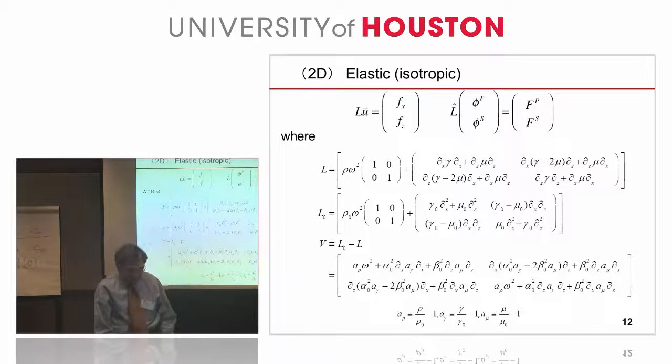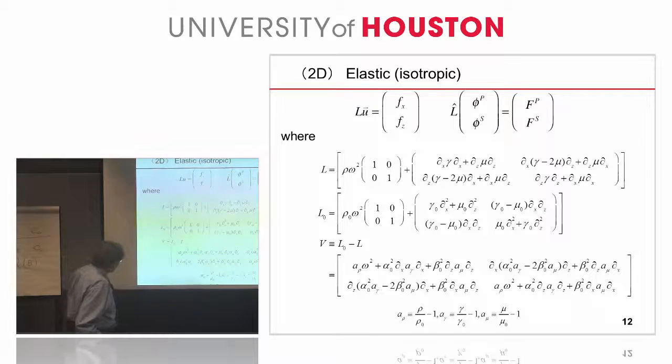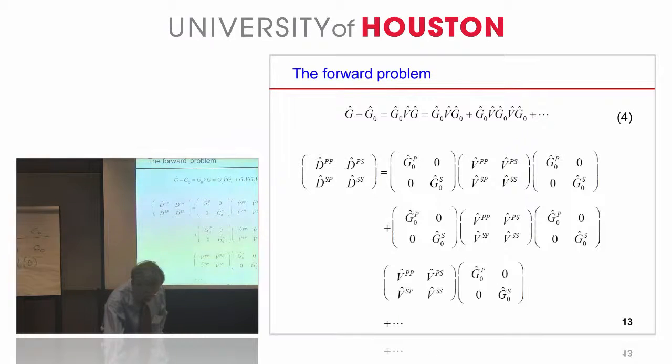This again is work I did for parameter estimation, isotropic 2D changes in Earth properties. The point is that you get a series. You get a forward series, in other words, if you give me that G is G0 plus G0 VG. That didn't say what G is.